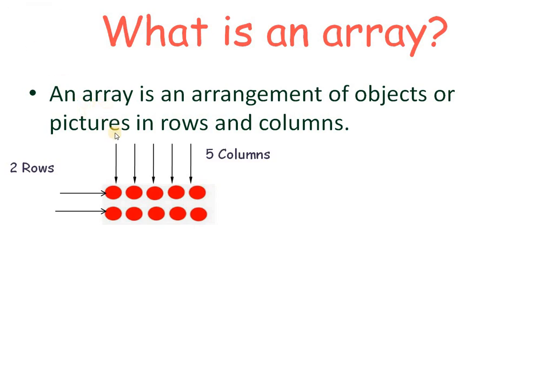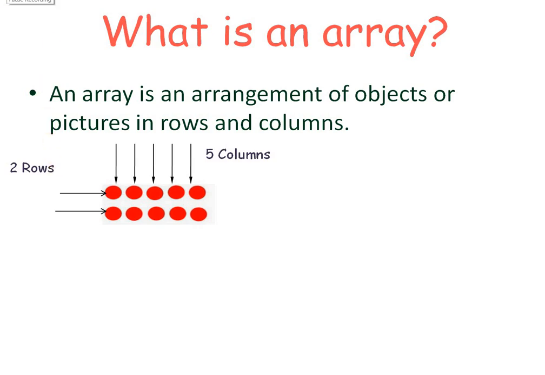If we look at each row in this array, you will find that both of them have the same amount of objects. The first row has 5 circles. Also, the second row has 5 circles.